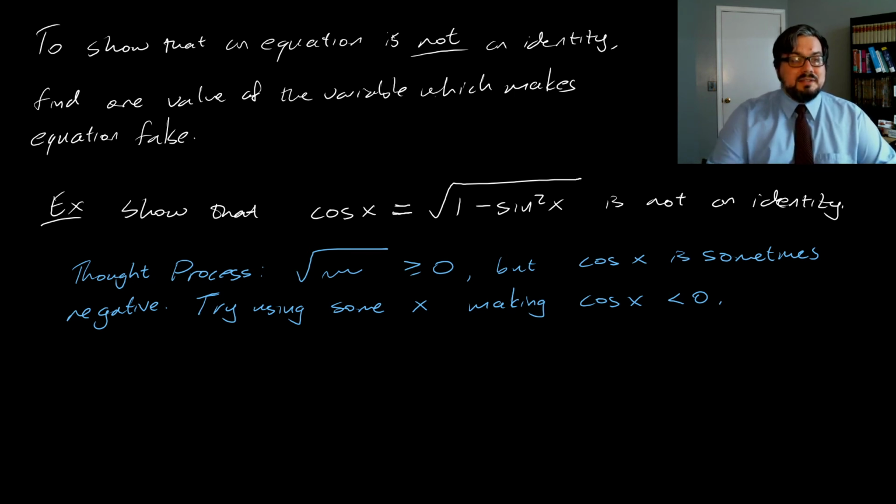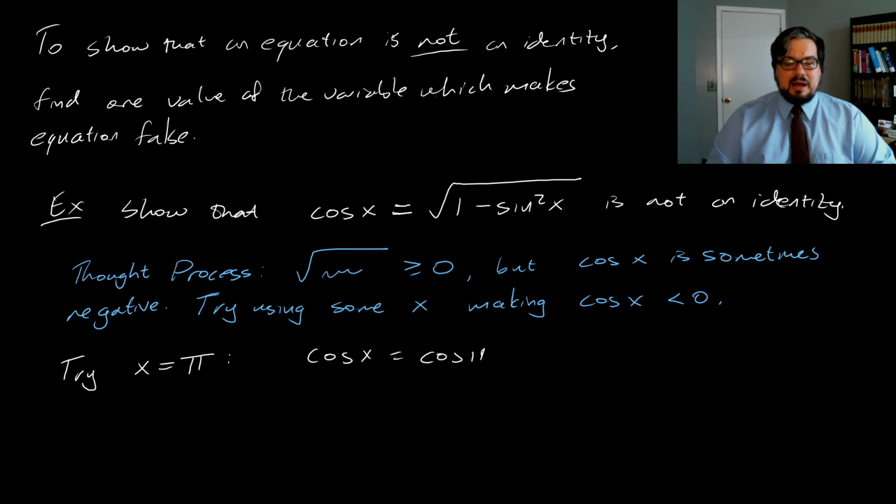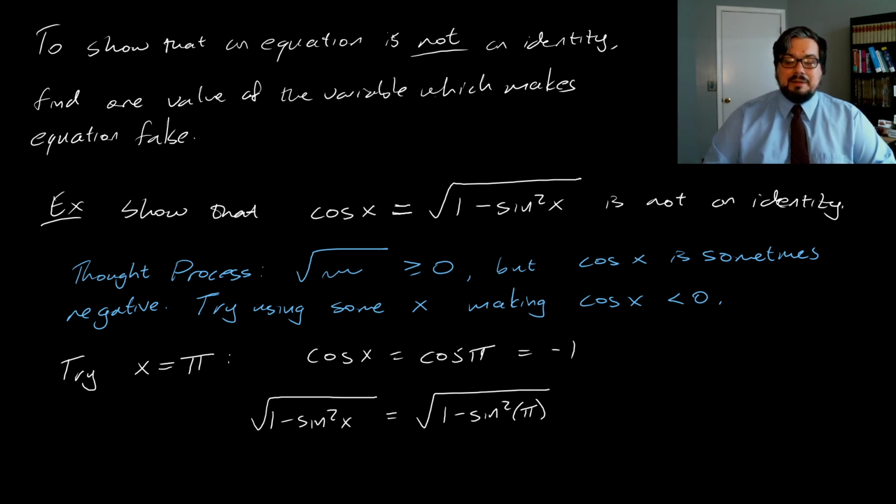So for instance, we know that cosine of pi is equal to -1. So let's try x equals pi. If we take x equals pi, then cosine of x is cosine of pi, which is -1. But the square root of 1 minus sine squared x will be the square root of 1 minus sine squared pi.